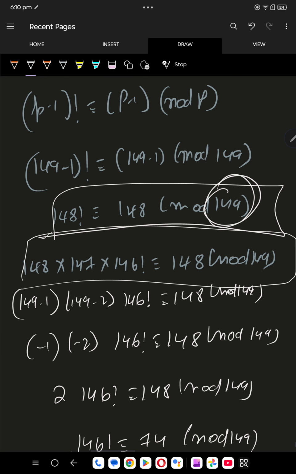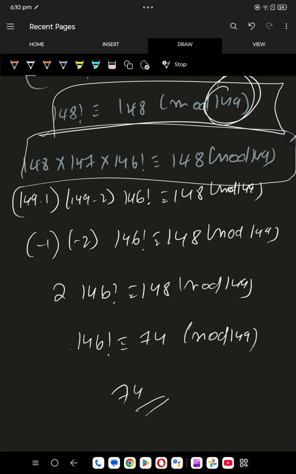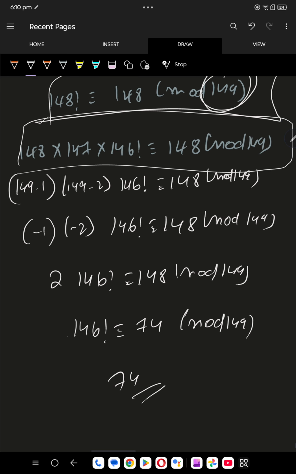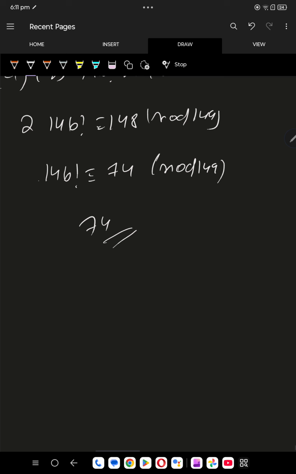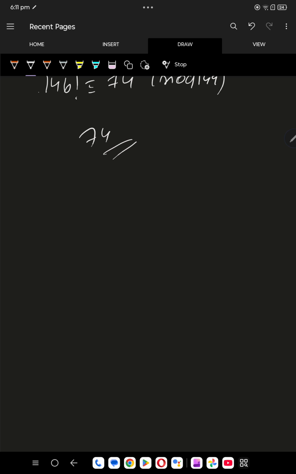So this 149 I'm going to remove and keep just minus 1 into minus 2 into 146 factorial congruent to 148 mod 149. Then I get 2 into 146 factorial congruent to 148 mod 149. If I multiply 2 by 74 I get 148, so I write that, and that is going to be the remainder. I hope this is clear.